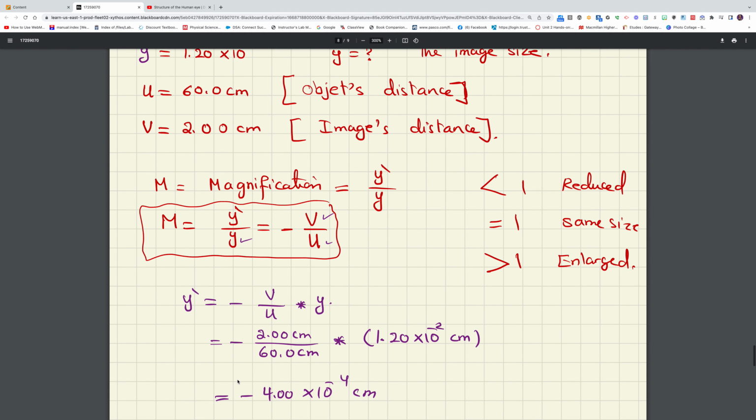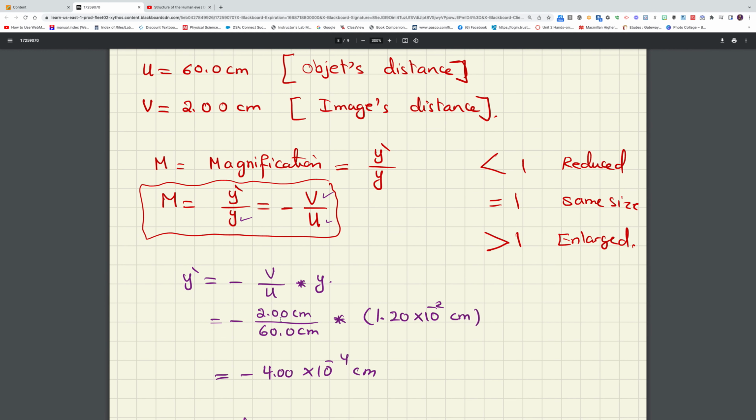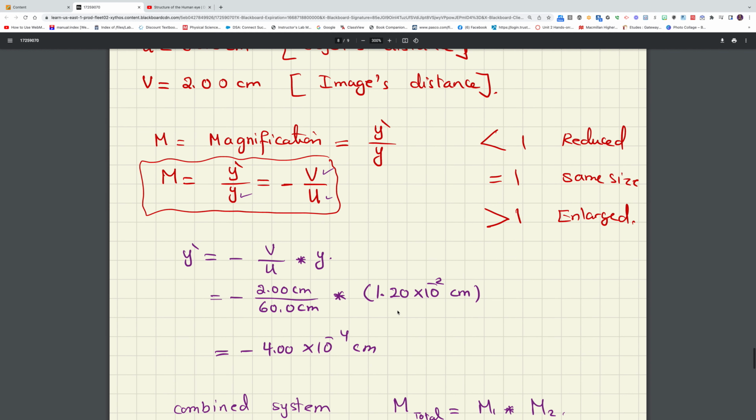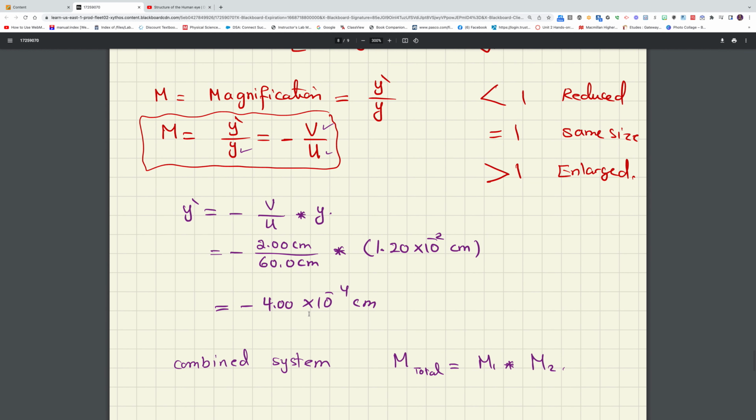That is negative 1 over 30, because this is the image distance divided by the object distance, with a minus built into the equation, times 1.2 times 10 to the negative 2, and that is really negative 4 times 10 to the negative 4 centimeters. This tells us that it is inverted, and of course it is reduced.